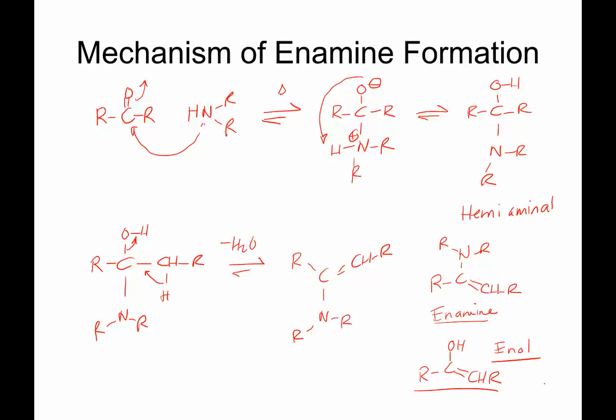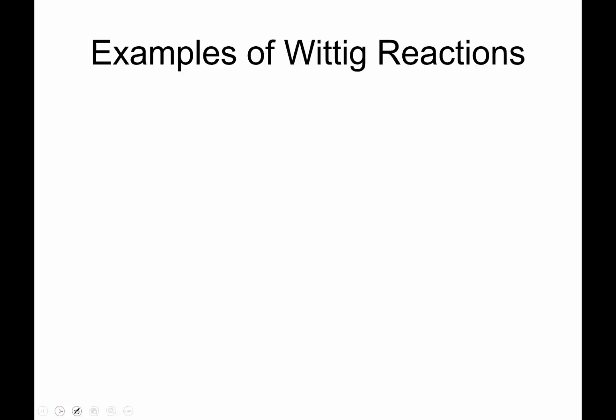Okay, so different mechanism for a secondary amine versus a primary amine. Let me skip ahead here to an empty slide. If I did this reaction, I would end up with my N with my two R groups here.